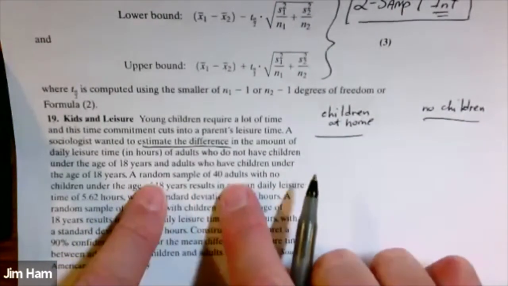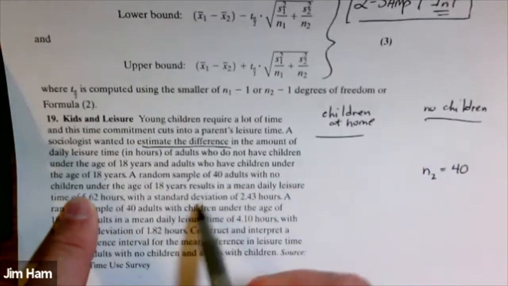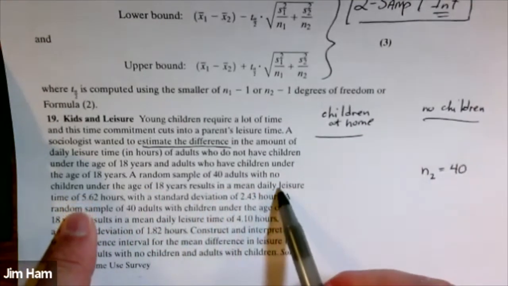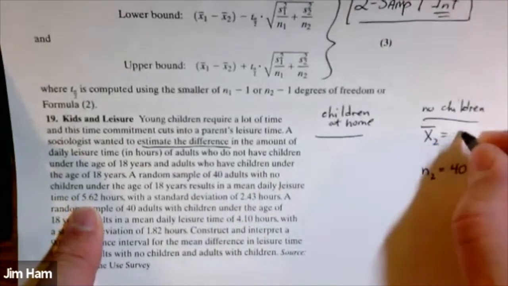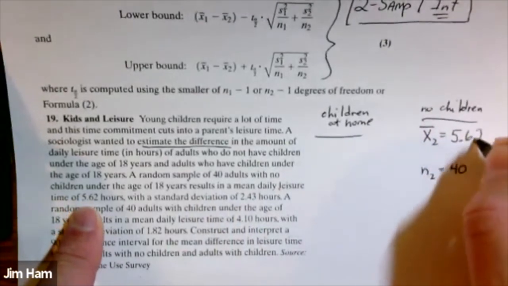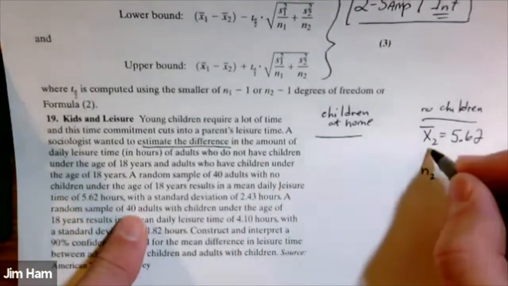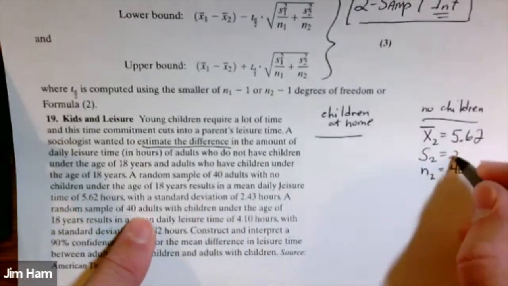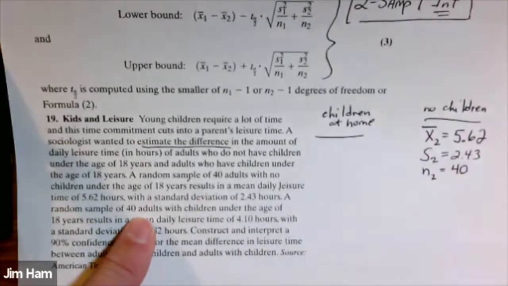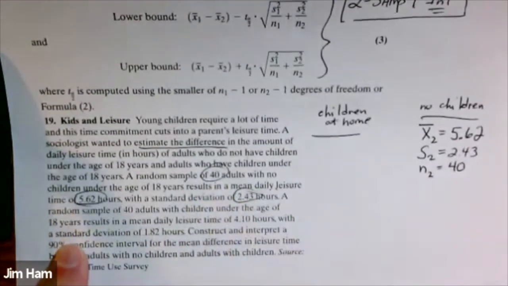A random sample of 40 adults with no children, so no children under the age of 18 years, results in a mean daily leisure time of x2 bar is 5.62, about 6.5 hours of leisure time, with a standard deviation of 2.43 hours. I'm just kind of picking up these numbers right from the problem.